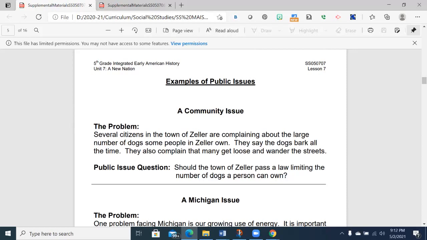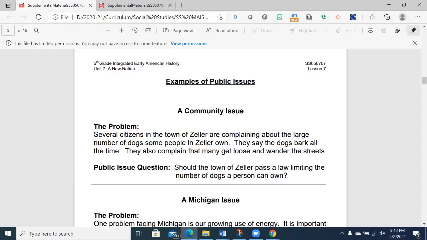So the public issue question becomes, should the town of Zeller pass a law limiting the number of dogs a person can own? Community issues are smaller on scale. It might be something under consideration for Mount Pleasant or our tribal community, Isabella County, but not much larger.